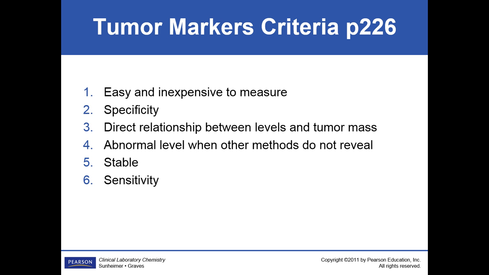And we want it to be abnormal when other indicators are not abnormal, not revealing that they have this tumor. And we want these elements to be stable along with sensitive. Please refer to specificity and sensitivity.